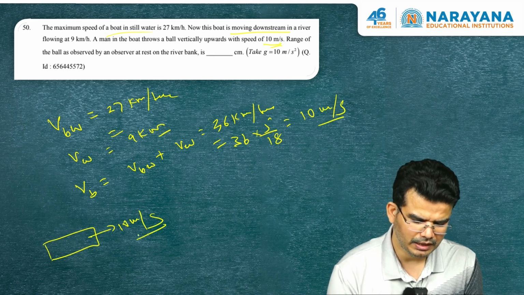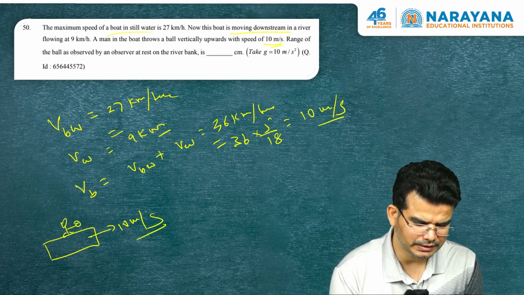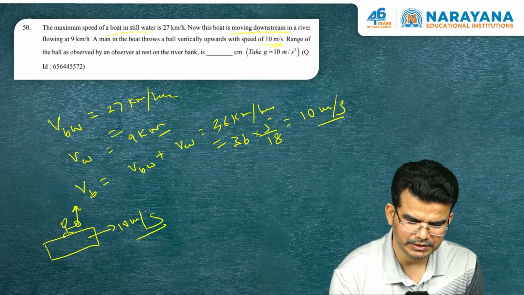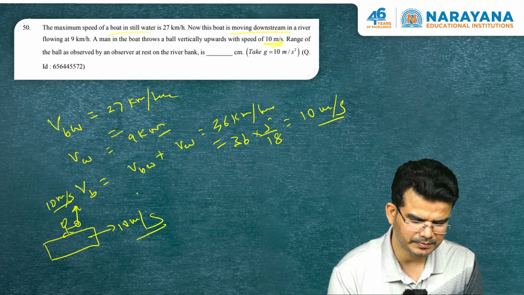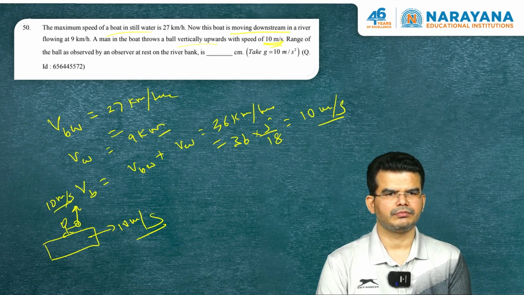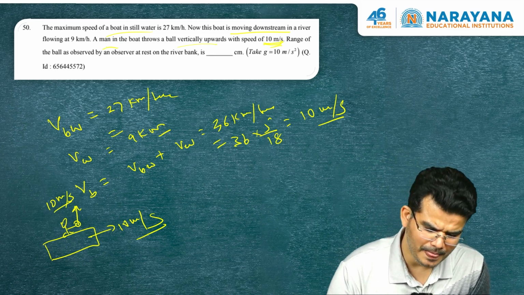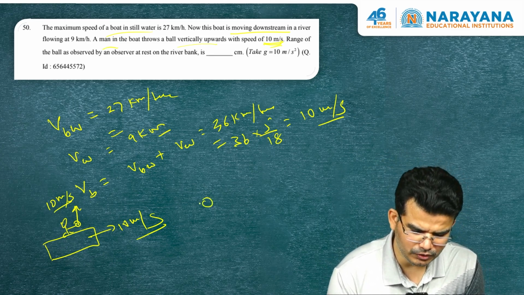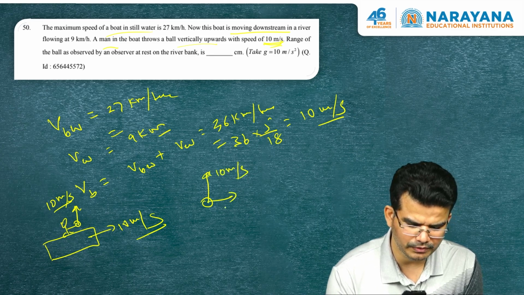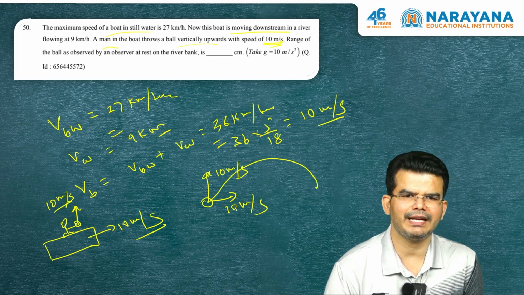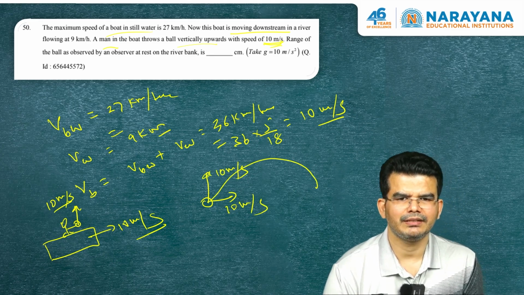Now, a boy releases a ball upward with 10 meter per second with respect to the boat. So, the ball will have actual velocity in this direction also 10 meter per second in the ground frame, and the boat velocity will also be added to it. So, its path will be something like this. They are asking for this range.